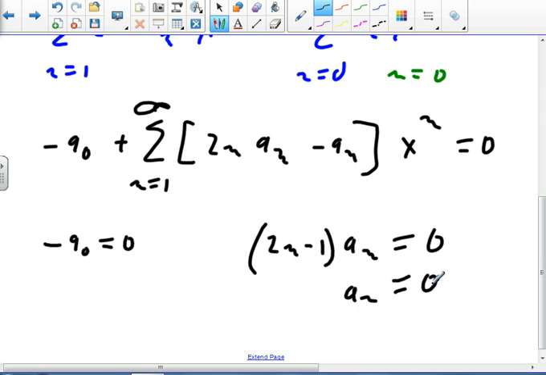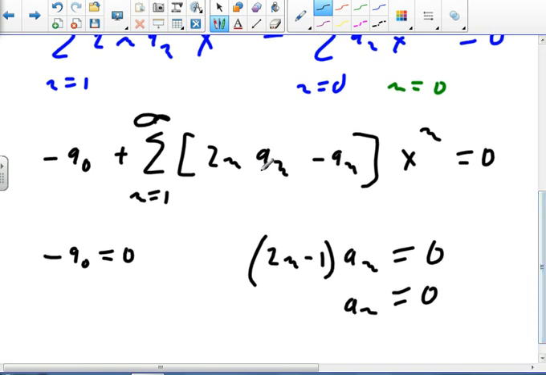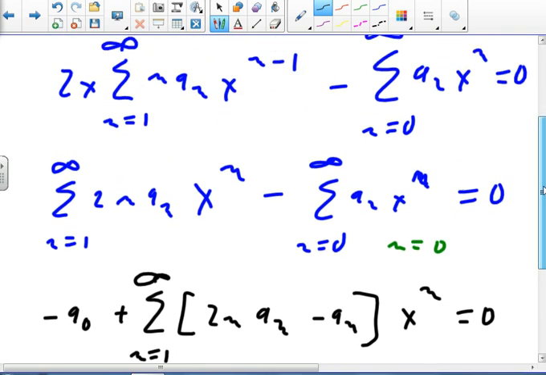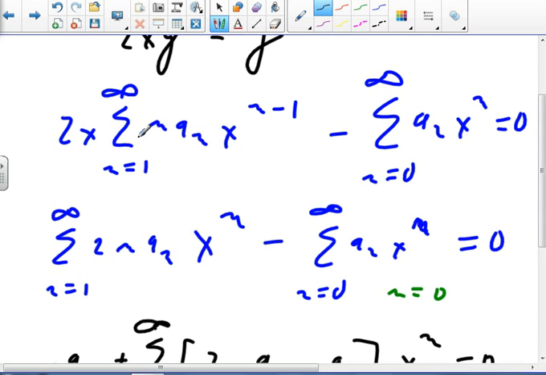What a bummer. How'd you get the 2n minus 1? Well, here's 2n. There's minus 1. There's my a_n. I factored out the a_n. Isn't that supposed to be a 2x? No. The x came in and added to the n minus 1 to just be x to the n.